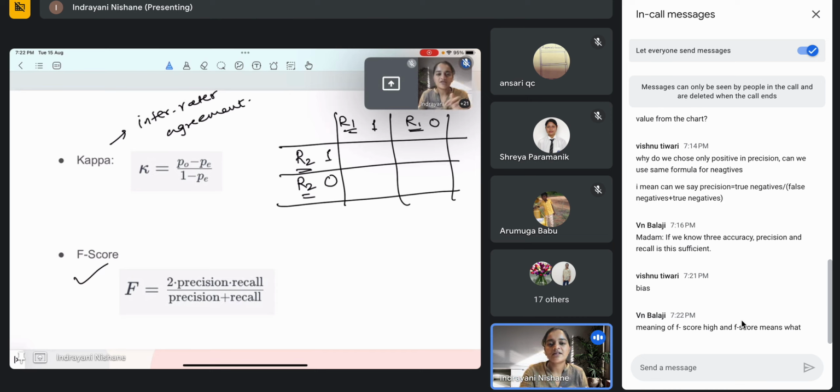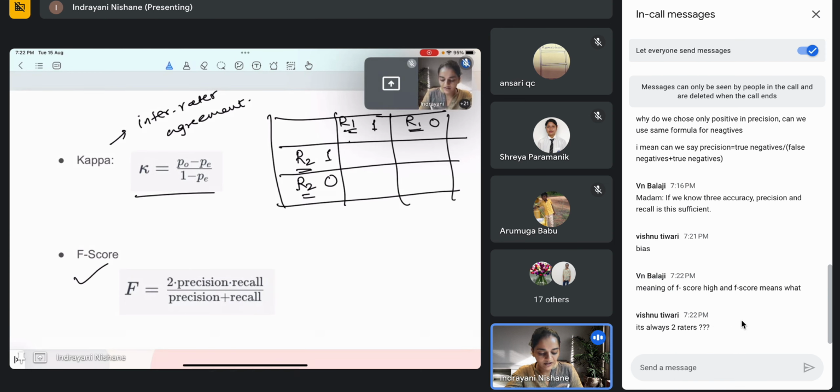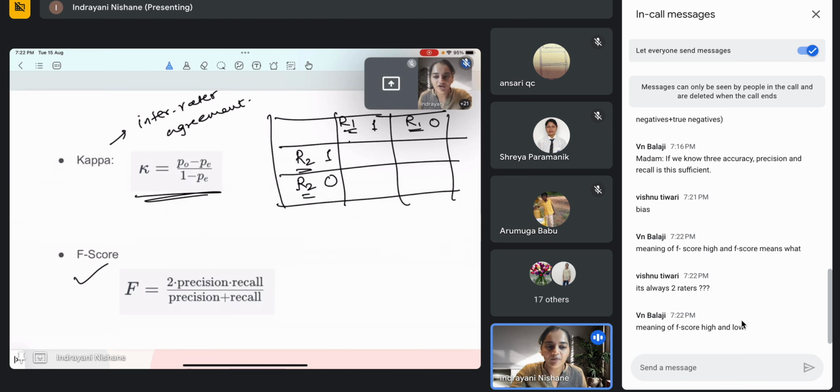Based on this confusion matrix for two raters' observations, kappa can be calculated for observations by two raters, and also for an ML algorithm versus the actual values. So these are very similar. Kappa is used for inter-rater agreement and also for ML performance, right?